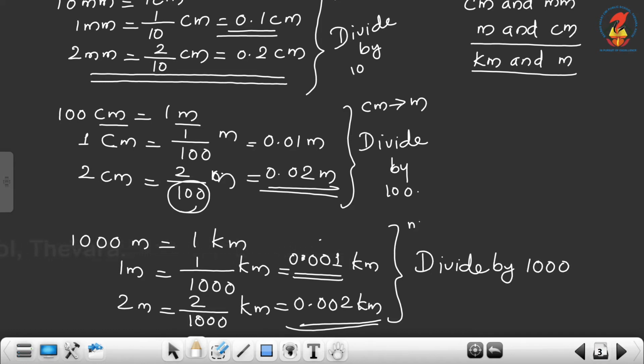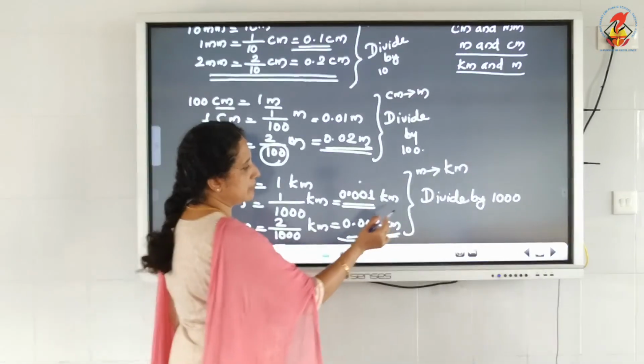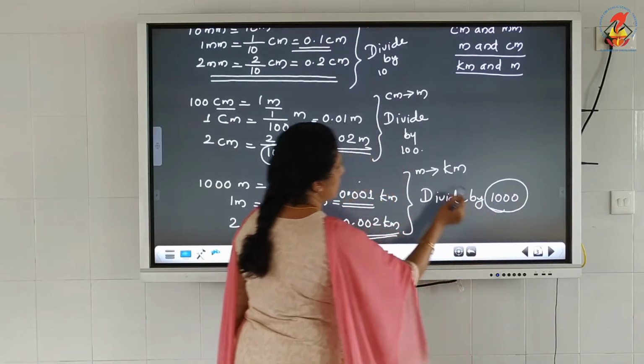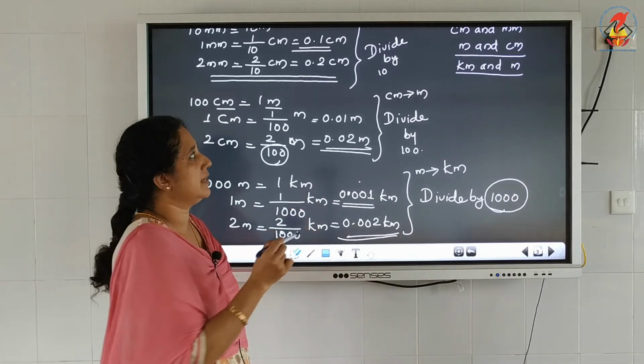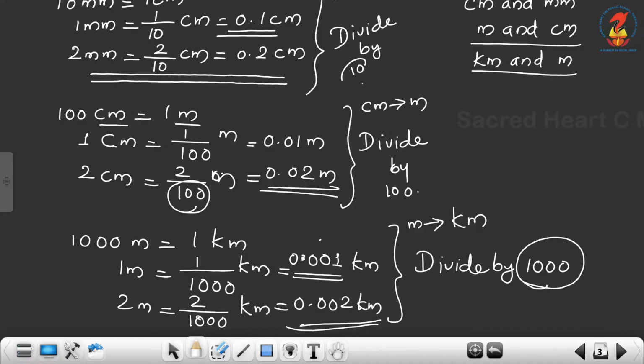So you have to remember the conversion: millimeter to centimeter, divide by 10; centimeter to meter, divide by 100; meter to kilometer, divide by 1000.